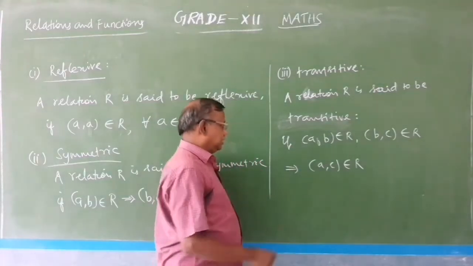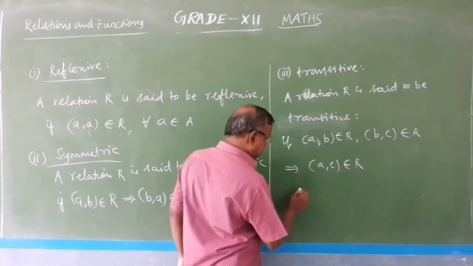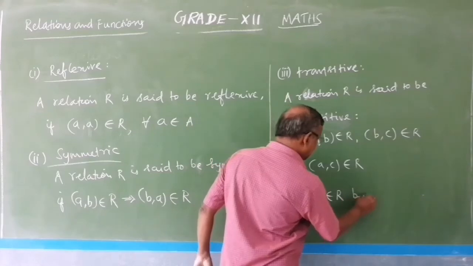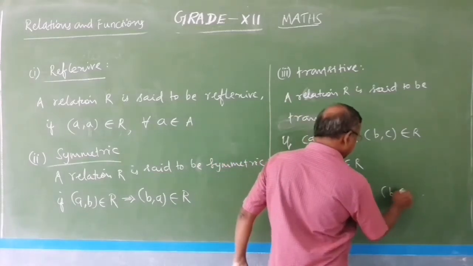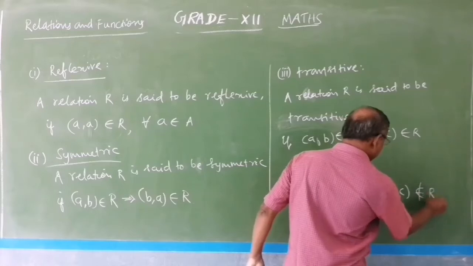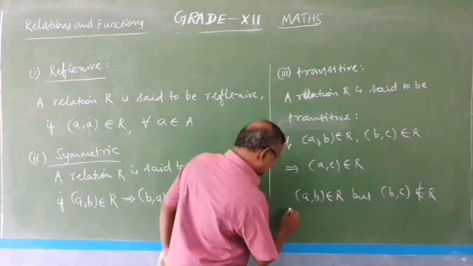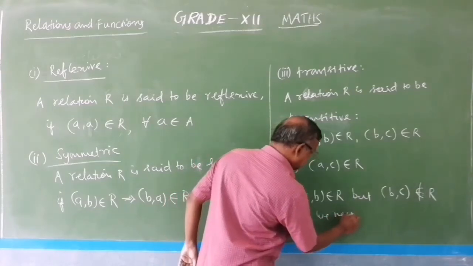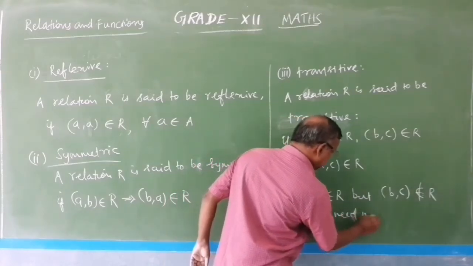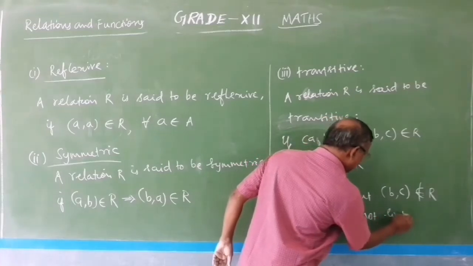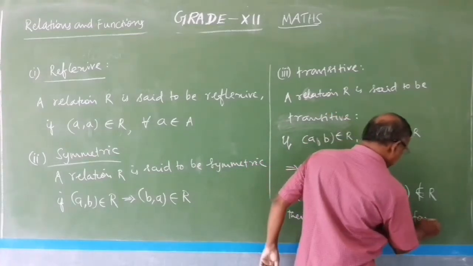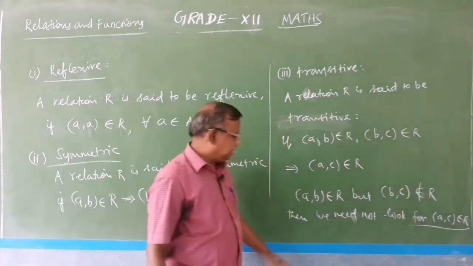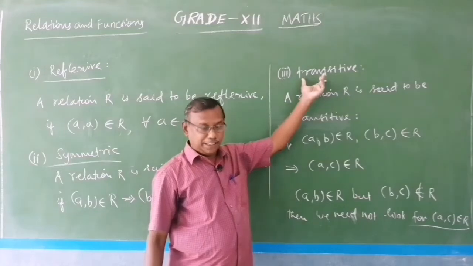There is one more condition. If (a, b) belongs to R, but (b, c) does not belong to R, then we need not look for the element (a, c) belonging to R. In that case also the relation is said to be transitive.